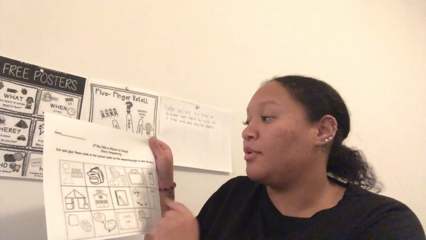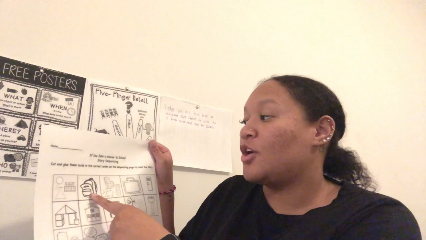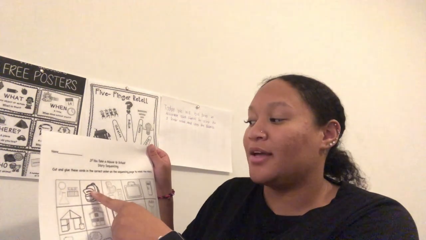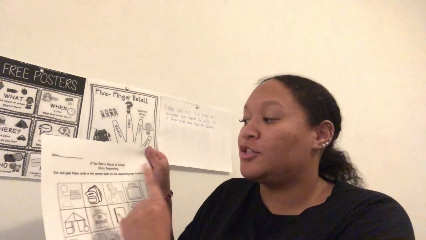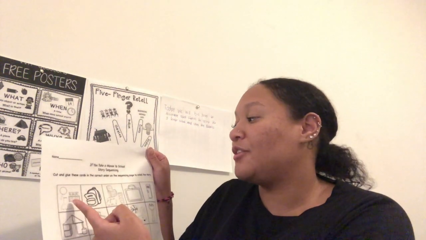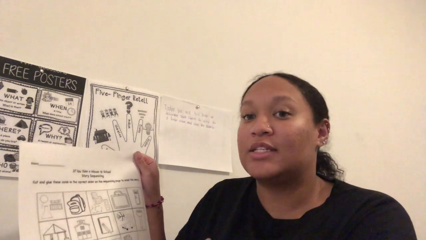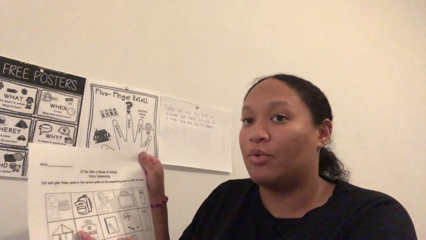So for example, here's a backpack. So if you read the story and it mentions a backpack, then you're gonna put that first. So basically we're just gonna try and put everything in the correct sequence in order to retell the story. And we're gonna be using details from the book to put them in order.